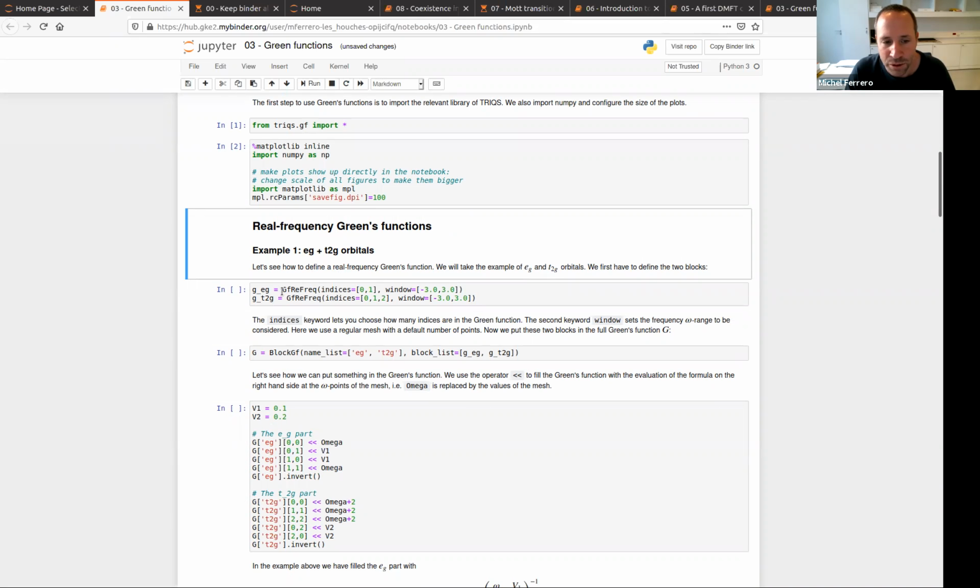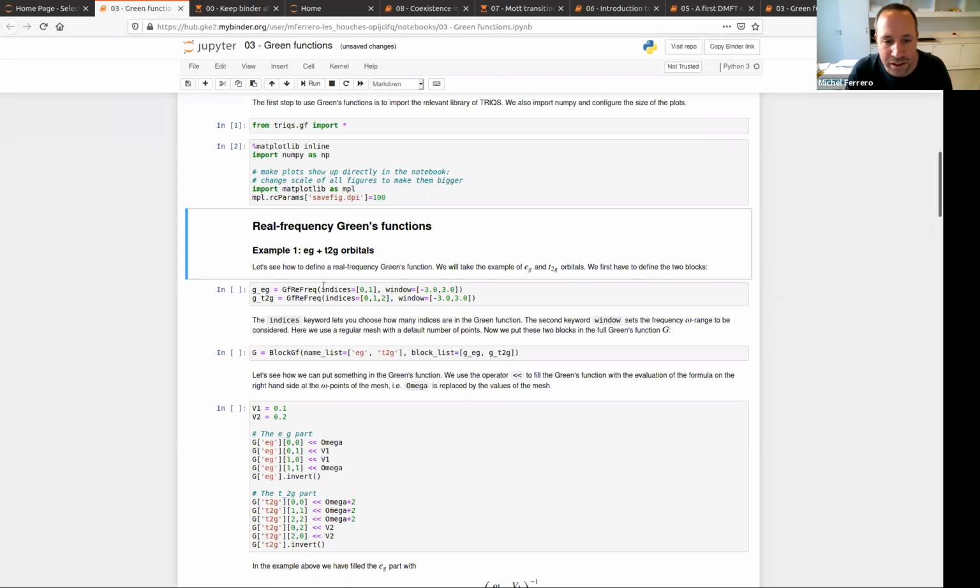For example, if you want to create a Green function in real frequency, this is GfReFreq. And for all of these, there are options where you specify the dimension of the Green function, because in principle a Green function can have blocks of size larger than 1.